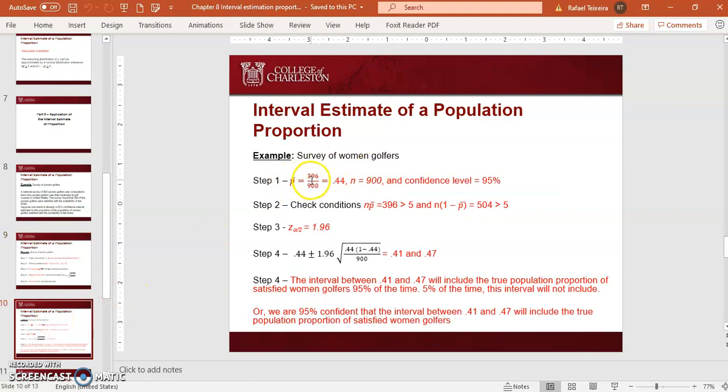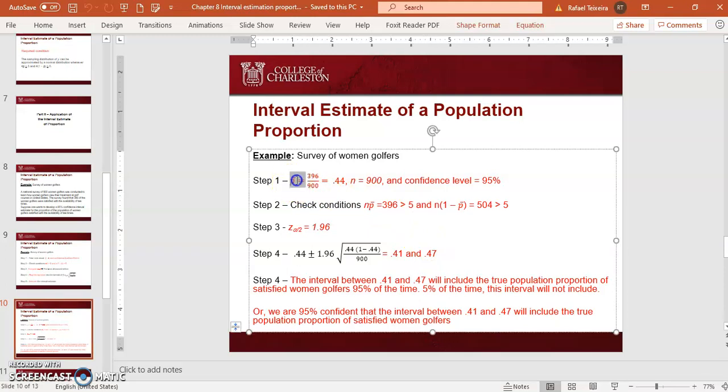If you do it by hand, this is how you would organize your answer in a notebook. You compute the sample proportion of satisfied women, which is the number of women satisfied, 396, divided by 900, the total sample, which gives us a proportion of 0.44, and all other information is given in the problem. Check conditions: multiply the sample size of 900 by the proportion of 0.44, and you get 396, which is higher than 5.